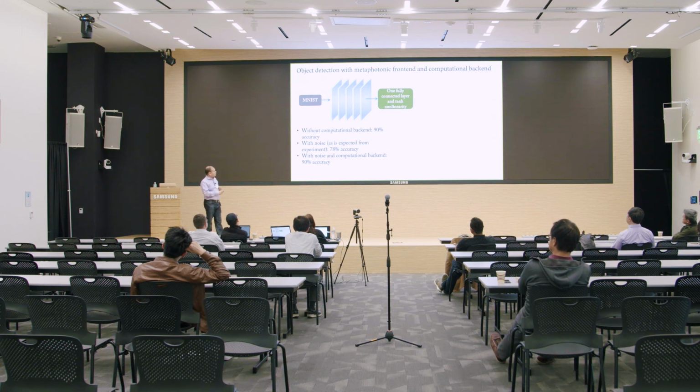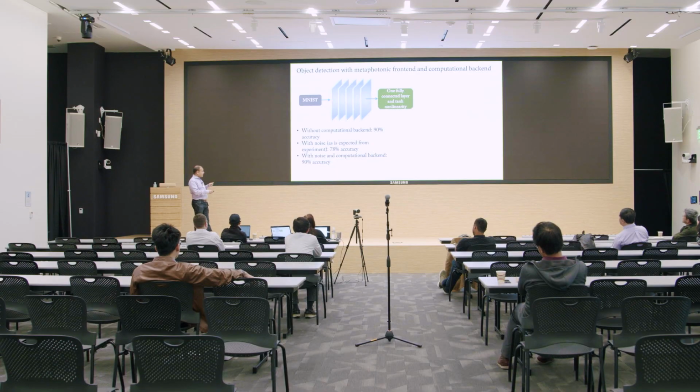So we are not just doing optics, but we are then adding some electronic layers as well. We are using another fully connected layer. But by the time this image comes here, it's a much smaller image than when we started with, and a hyperbolic tangent nonlinearity. If we don't add noise, we can get up to 90% accuracy on the MNIST database.